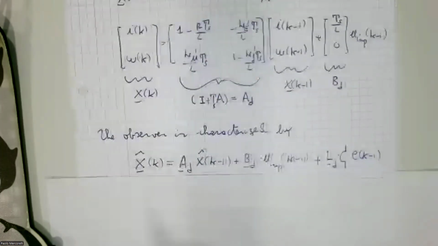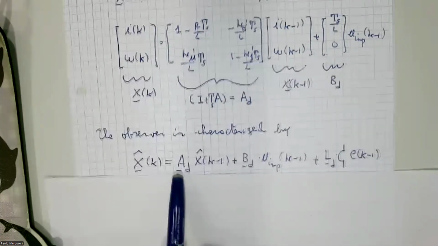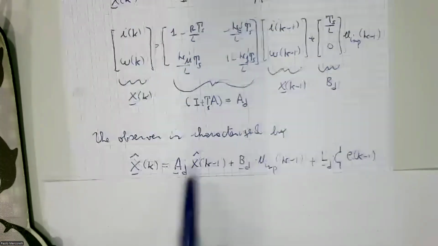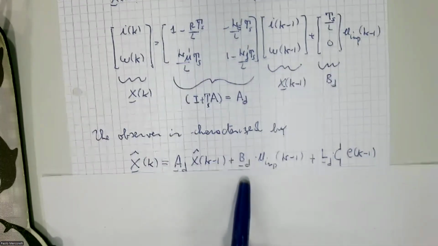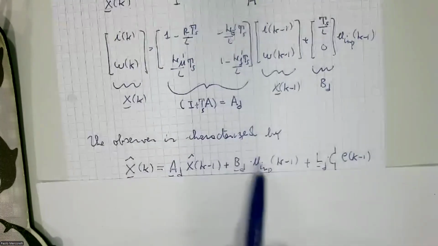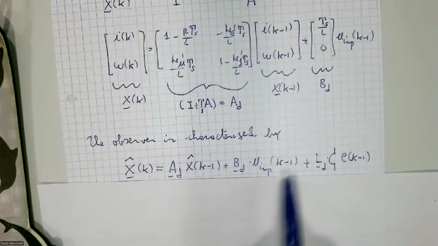Estimation of x hat, x is a vector, consisting of current and velocity. AD, the discretized matrix, times x hat of k minus 1, plus BD, the discrete B, multiplied by the input U of k minus 1, basically what we had before.